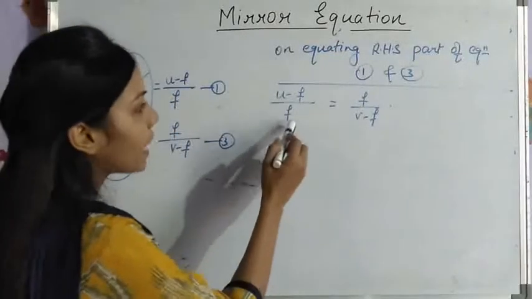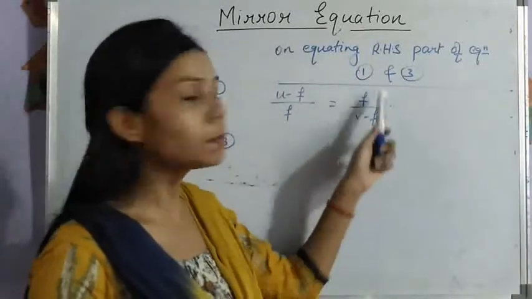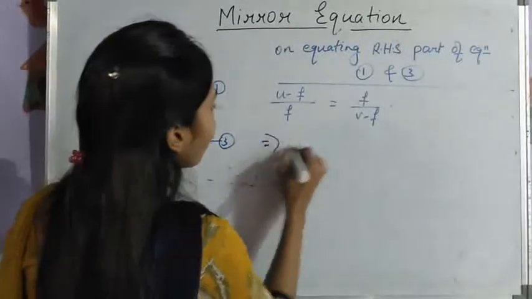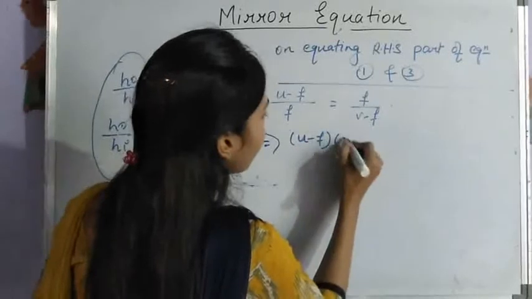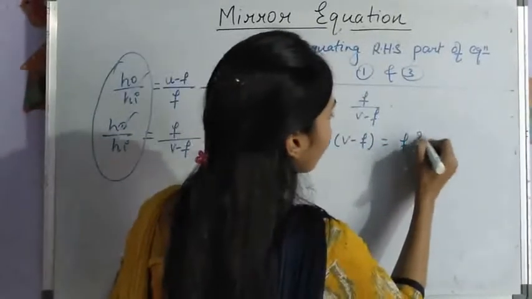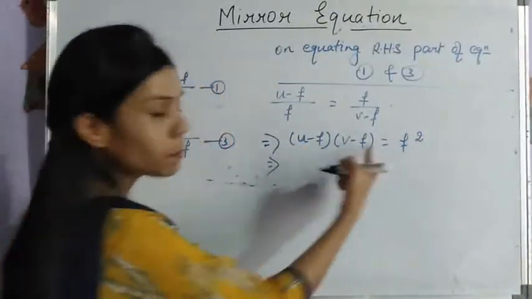That is U minus F by F is equal to F by V minus F. We will cross multiply and simplify. On cross multiplying we will get U minus F into V minus F is equal to F into F, that is F square. Let us expand the bracket.